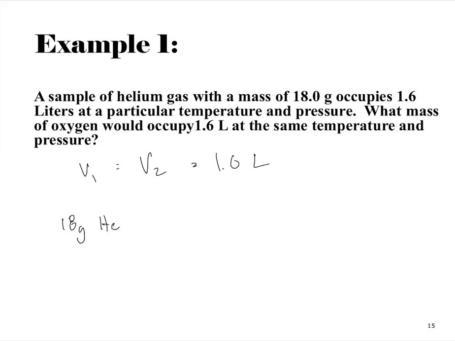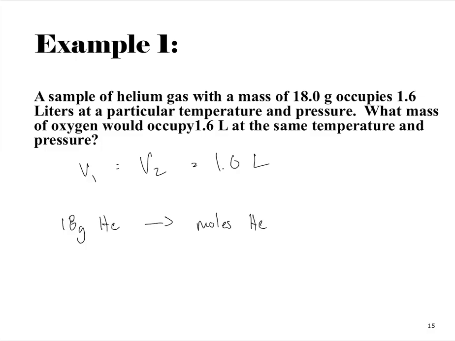Because we're dealing with ideal gases, we don't distinguish between moles of helium and moles of oxygen. Those two things give us the same volume of our system, right? Because we're assuming that a helium atom and an oxygen atom are both point particles that don't interact with each other. Right? We have nothing about the mass of the gas in any of the variables we've talked about. So we convert the helium into moles of helium.